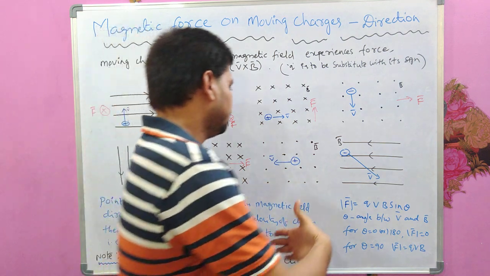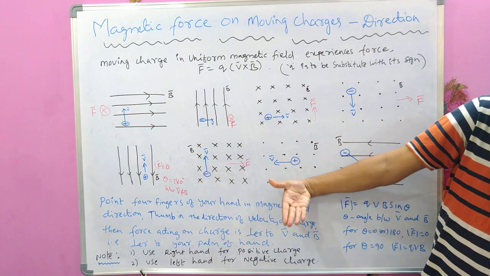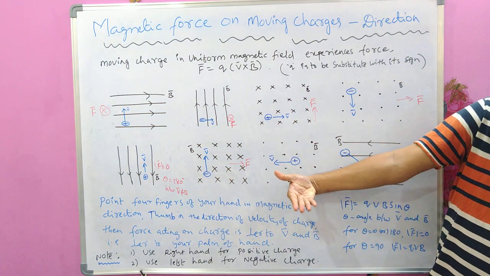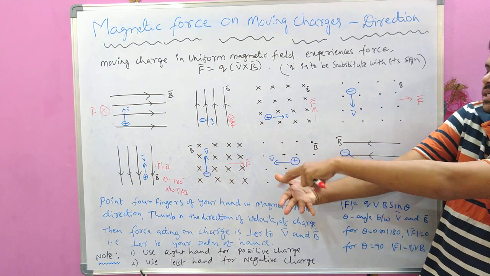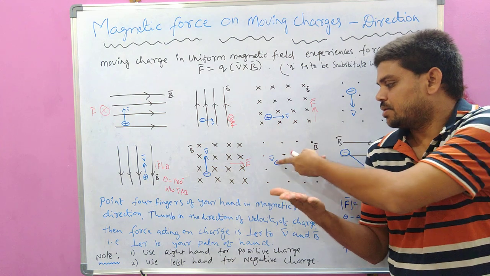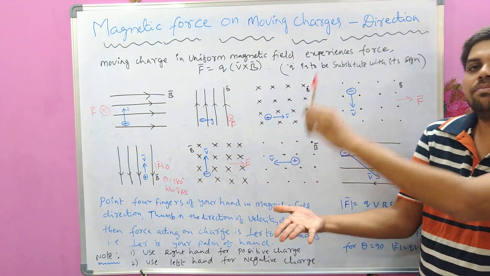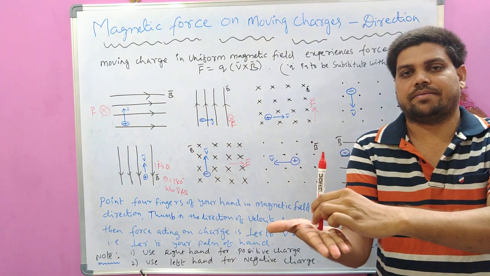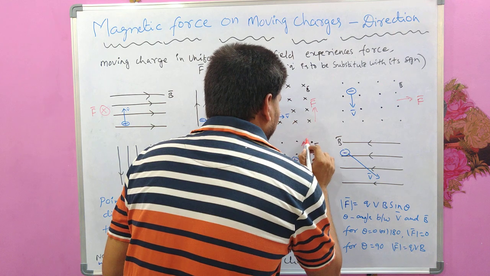How to? You just have to put it like this. Your four fingers represent the magnetic field direction and the thumb represents the velocity direction, and the force here is upwards, this way.